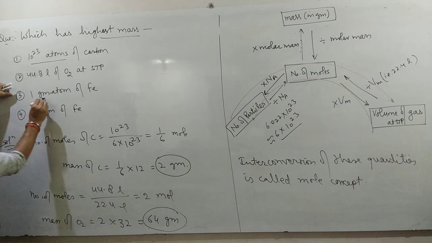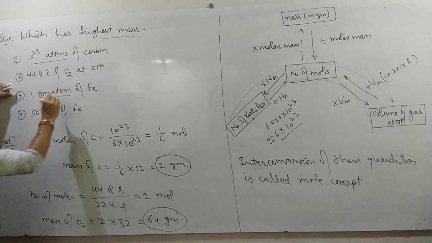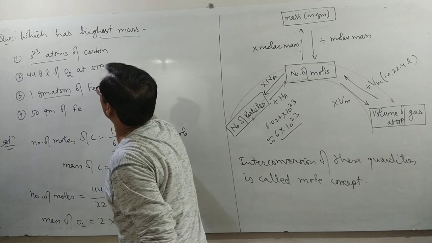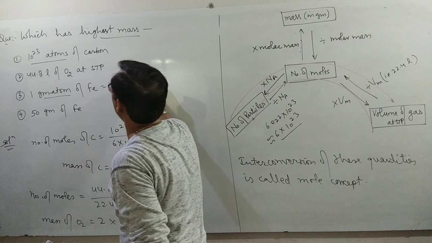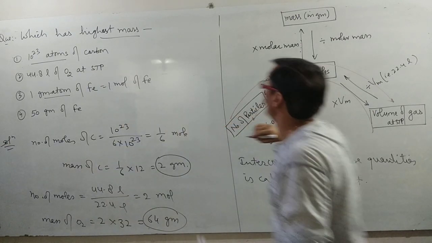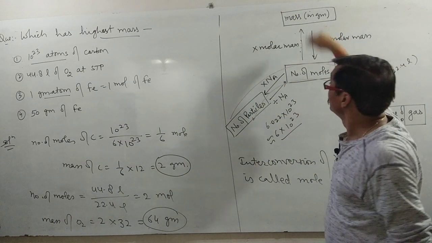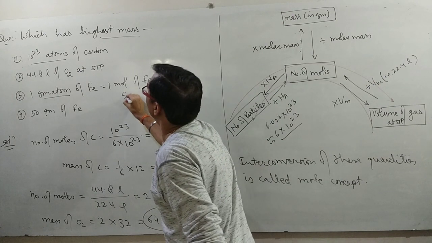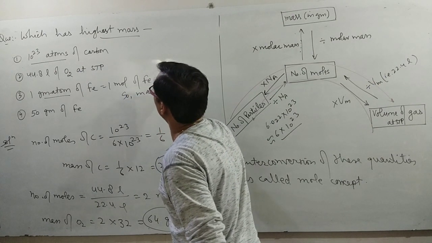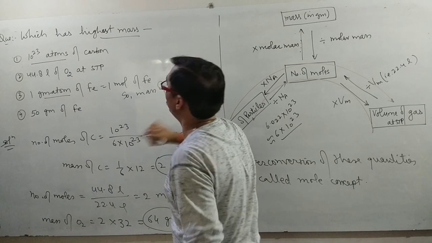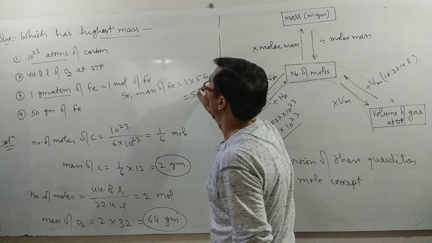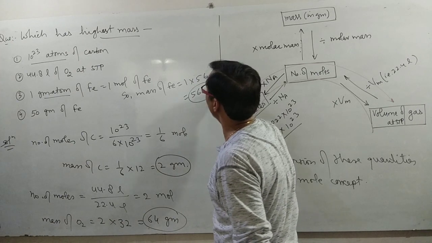Now 1 gram atom of iron, the term gram atom is also used for mole, that is it is 1 mole of iron. And if you want to change moles to mass, the mass of iron will be number of moles into molar mass 56, so it is 56 gram.